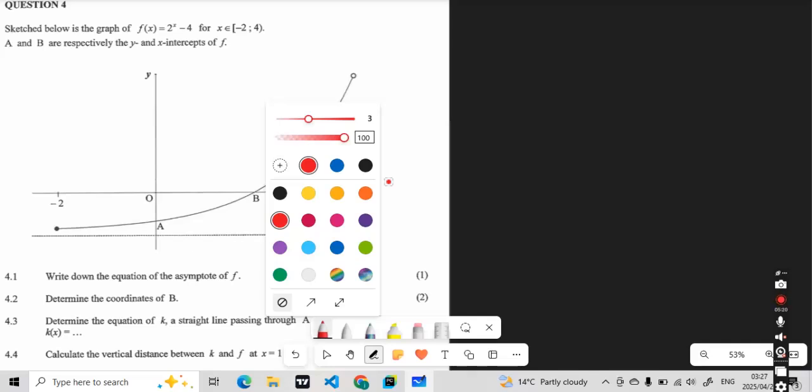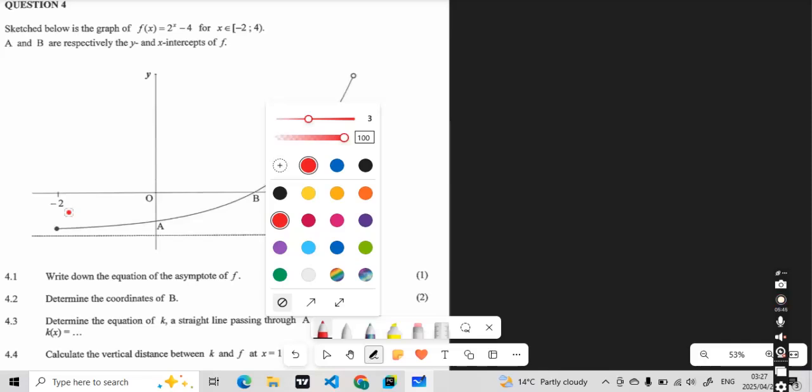Which means x is valid between these two numbers. x exists between these two numbers. As you can see, it starts here.